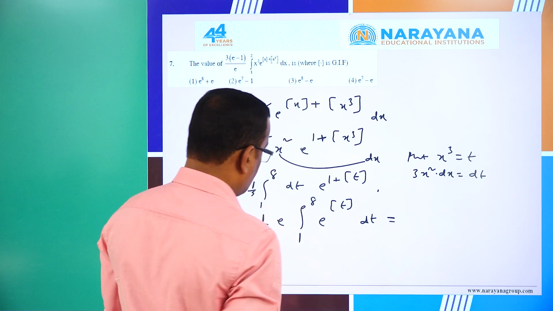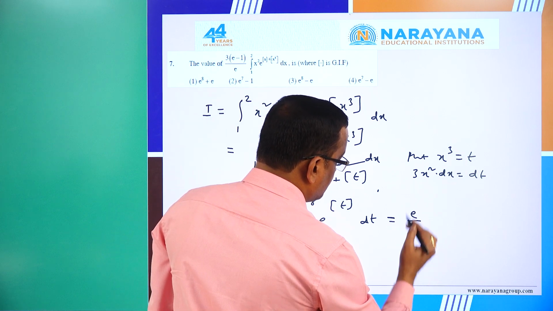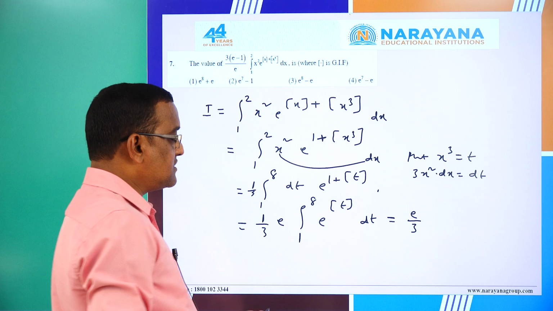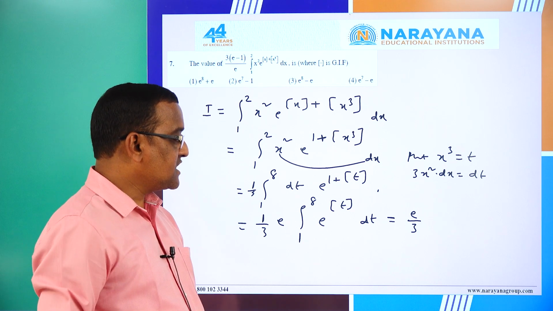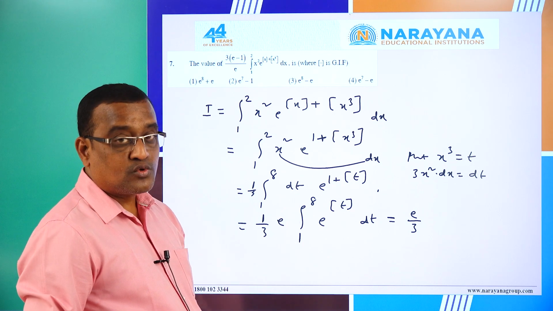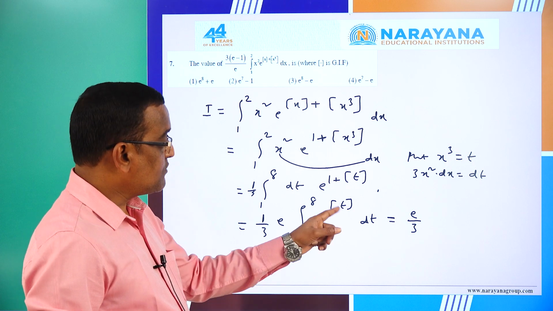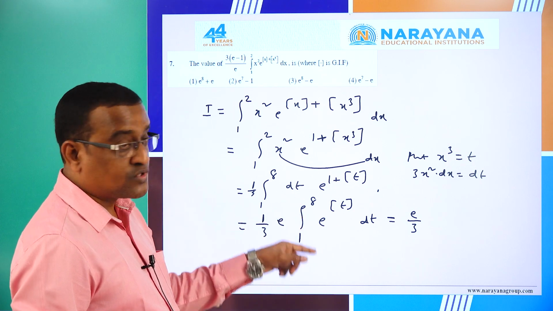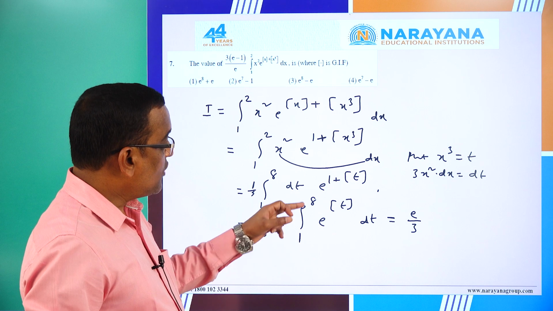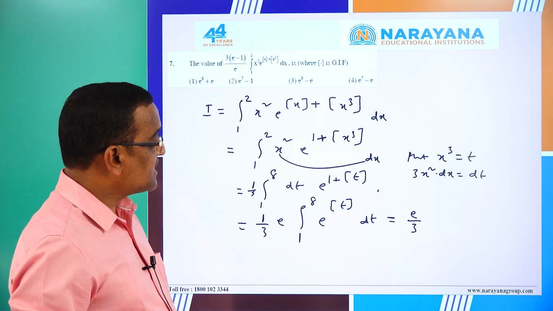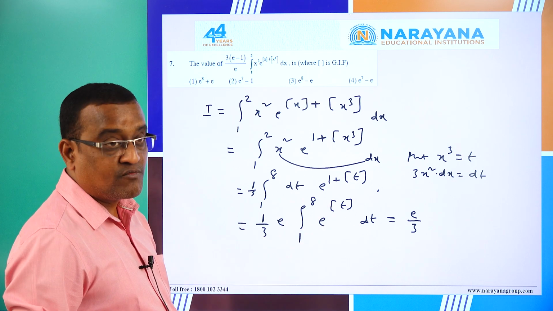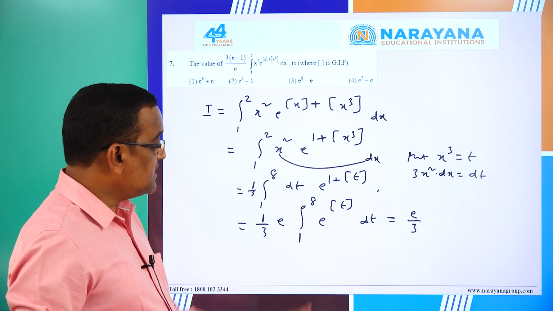This is e by 3 into, now split this integral from 1 to 8 of e power integral part of t dt as integral from 1 to 2 of e power integral part of t, plus 2 to 3, 3 to 4, like that. From 1 to 2, the integral part of t becomes 1, that's why it is e.